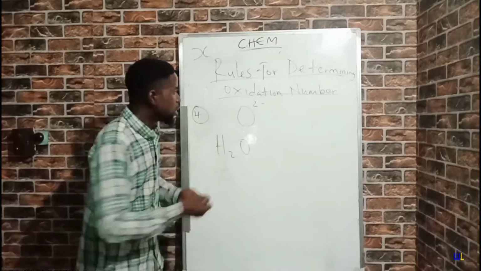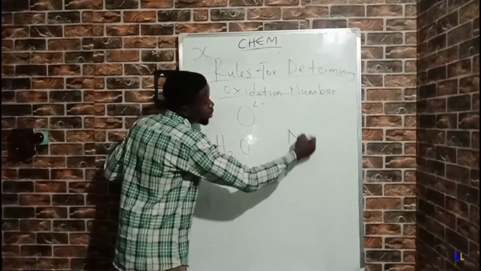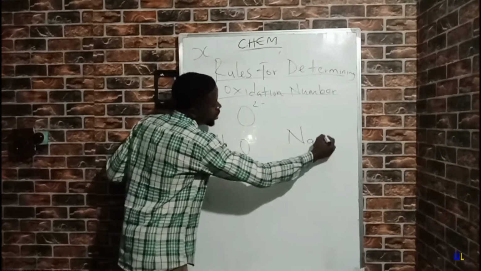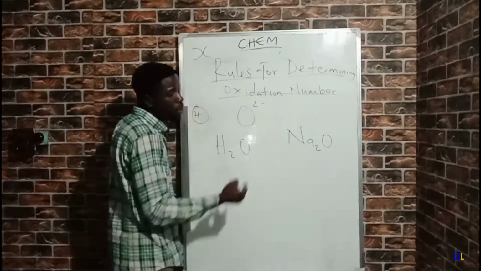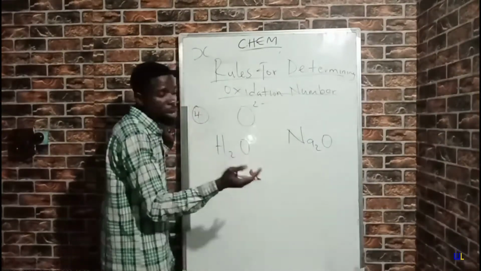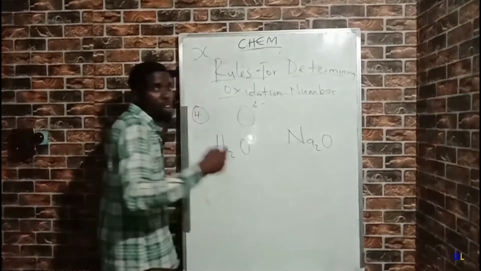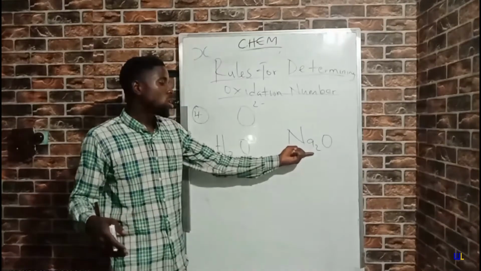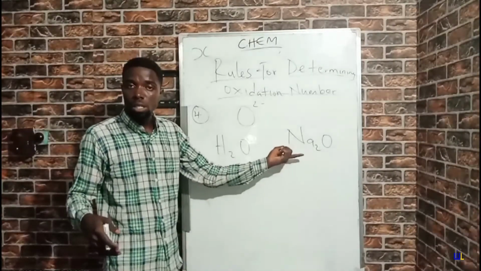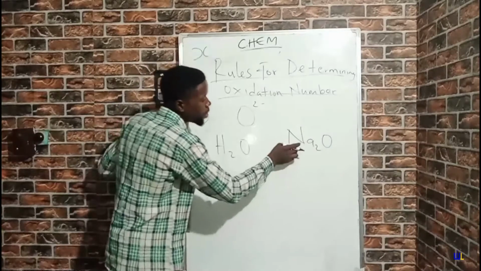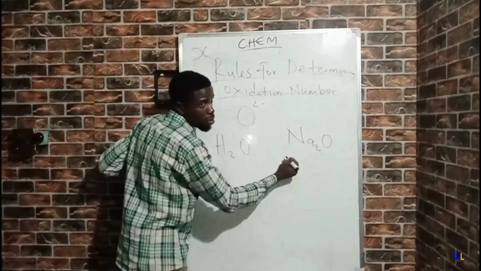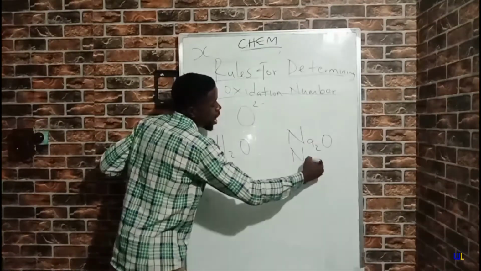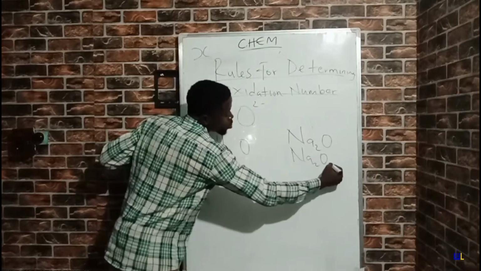Imagine you have a metallic oxide of sodium, which is Na2O. The peroxide of sodium is formed when you add one extra oxygen. So every peroxide has one more oxygen than its corresponding metallic oxide. If you have Na2O as the normal oxide of sodium, the peroxide is Na2O2.